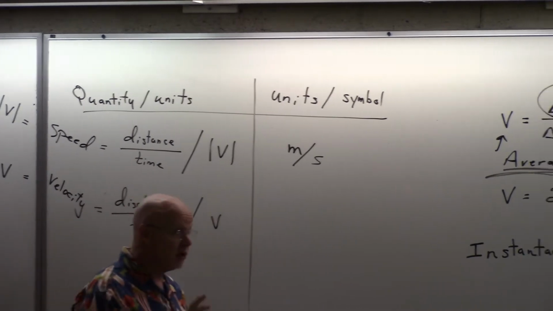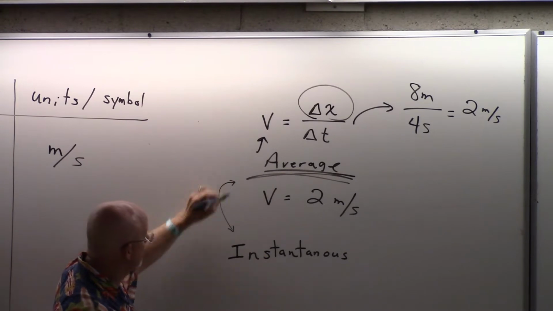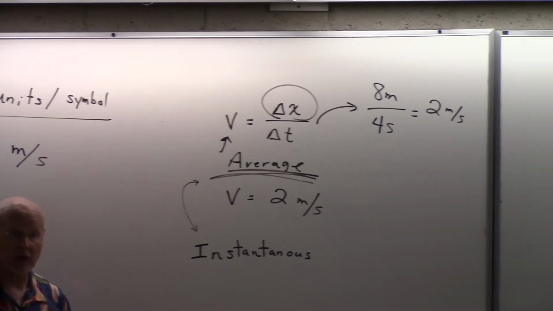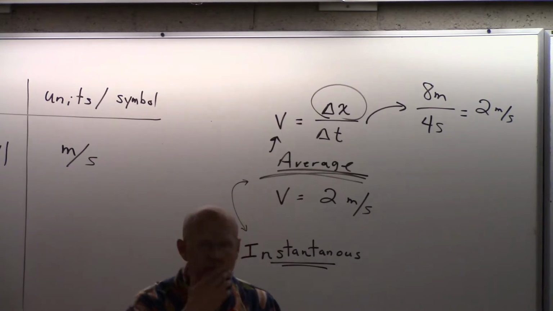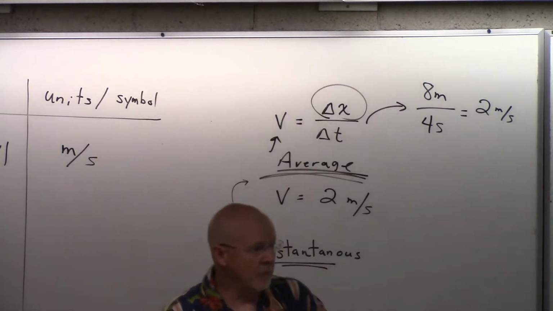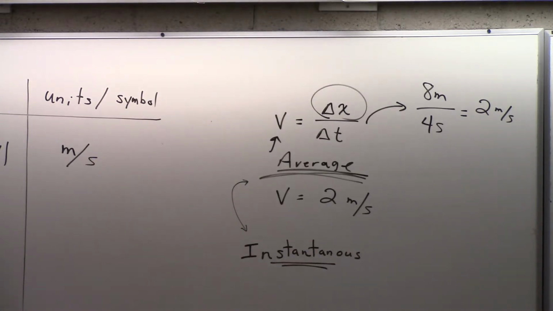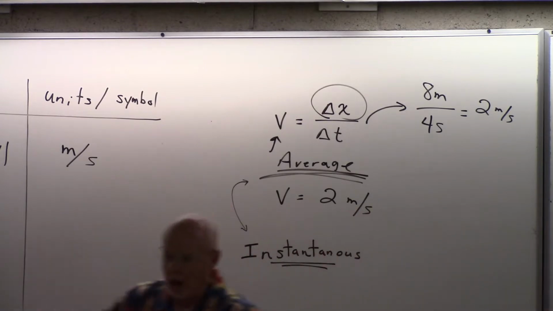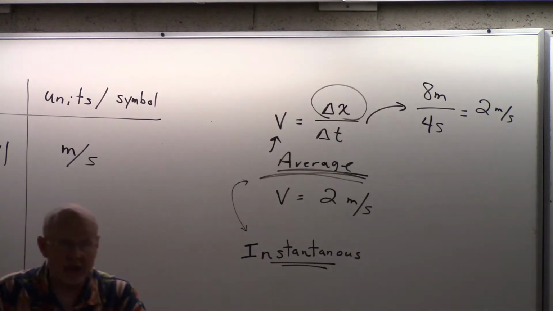But I do want you to realize that there's a difference here in saying, okay, what are you doing at that instant? So let's just talk it conceptually. What do you mean by at that instant? Well, I don't mean the whole 8 meters, right? I mean, what am I doing right now? And it doesn't even have to be a long distance. It could be a short distance.